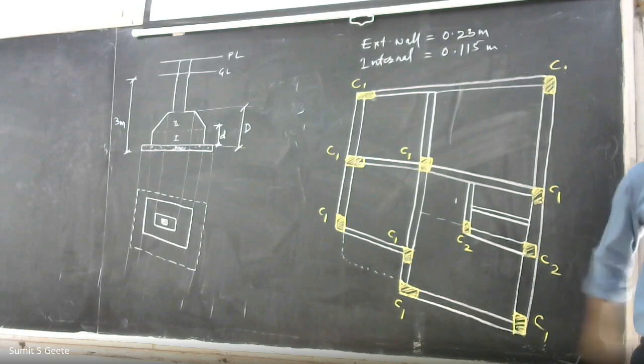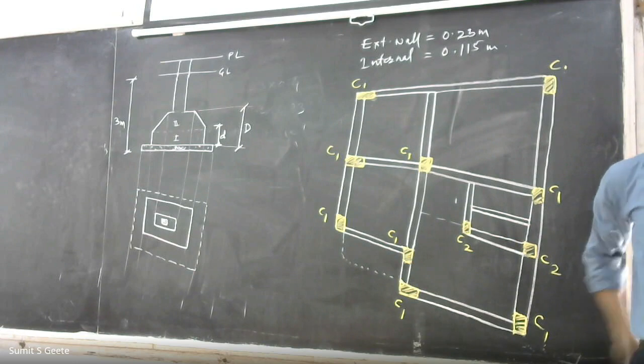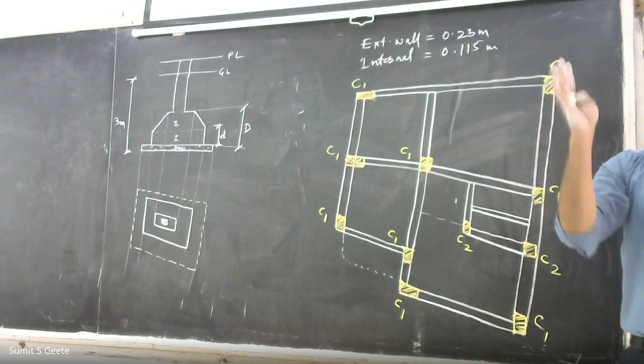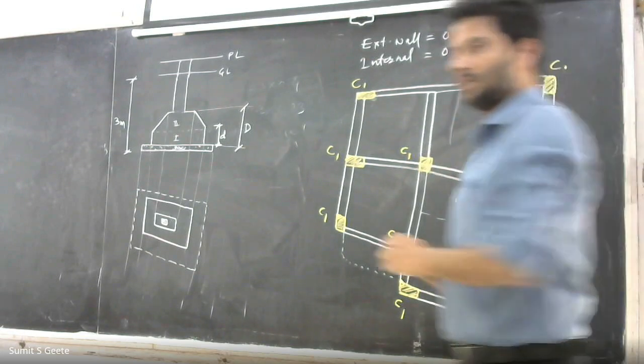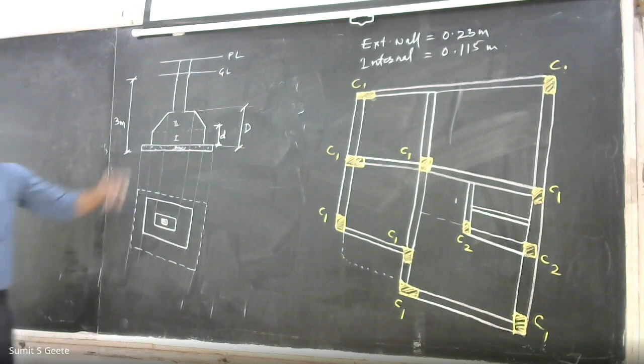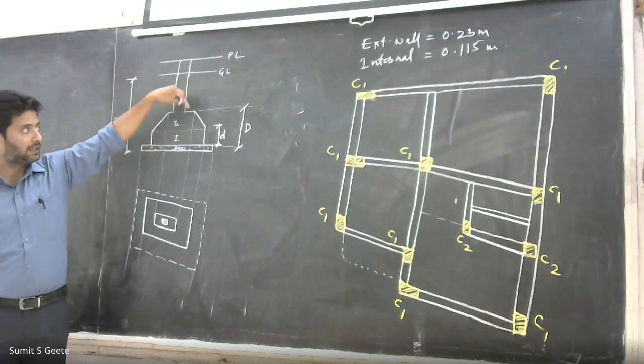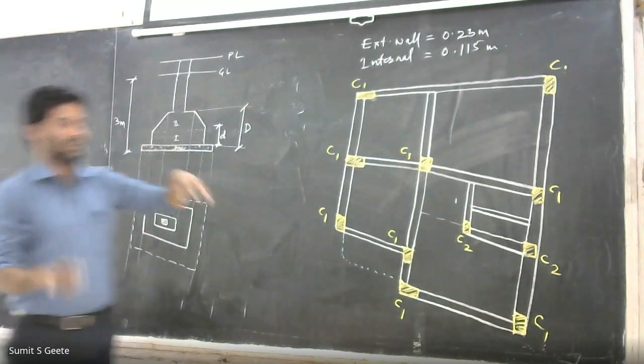Okay. Now what do you mean by capital D? Capital D is total depth of trapezoidal footing. कभी भी स्मॉल डी मतलब ये डिस्टेंस होता है और कैपिटल डी मतलब यहां से यहां तक का डिस्टेंस होता है.